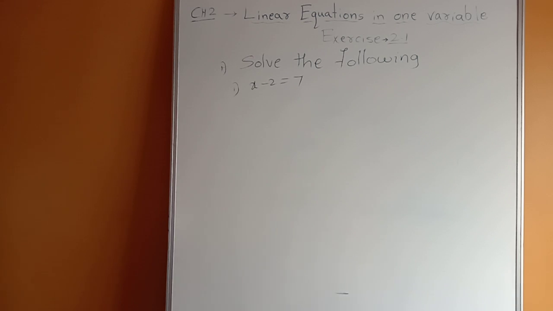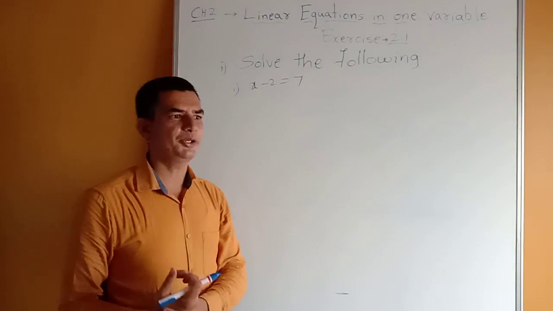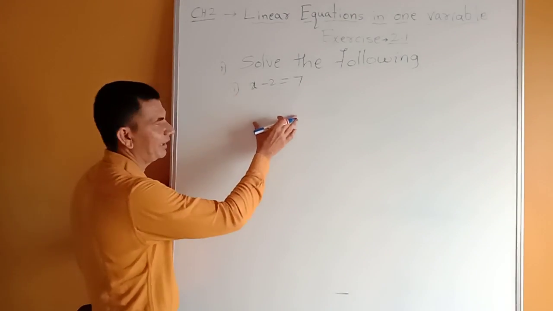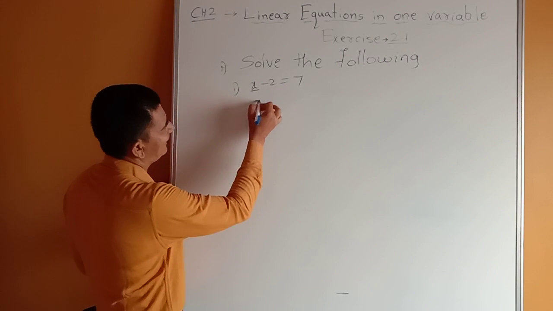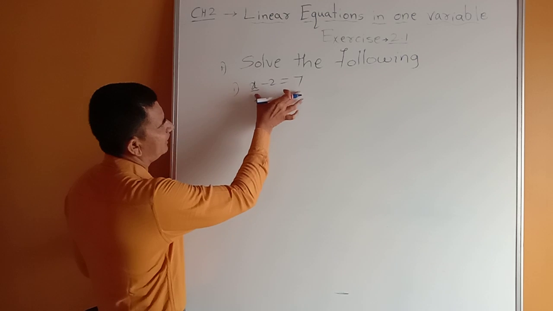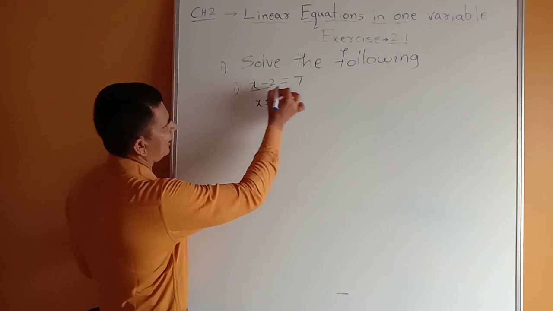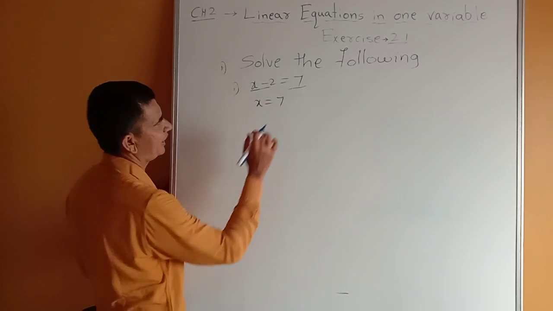So students, we can see this is the first question in exercise 2.1. Very simple. In the second method you can apply here. We want the value of x. So x is equal to, nothing is there, very simple step, x is equal to. This is the LHS and this is the RHS. x is equal to 7 as it is, we have to write.